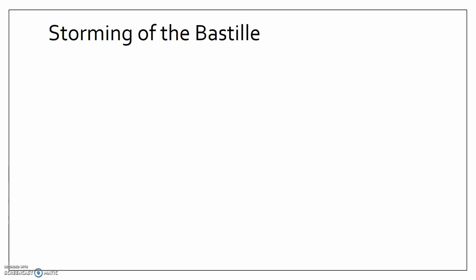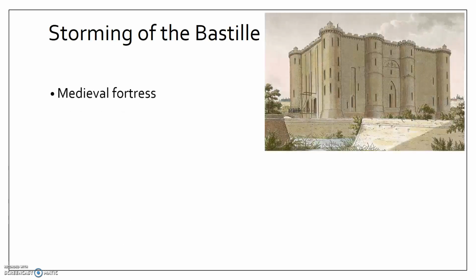Now, the Bastille was this big medieval fortress in Paris. It was used as a fort when it was first made, kind of for warfare. Eventually, it was used as a prison. And it mostly housed political prisoners. Political prisoners are people that speak out against the government, that maybe conspire against the government.